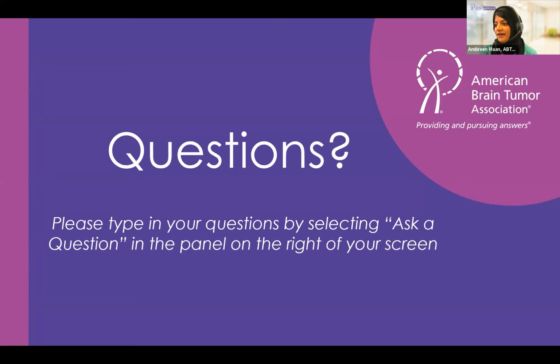We have a question here asking, how can patients who might not have access to larger treatment institutions get access to this type of pathology testing and molecular testing that you discussed today? Are there any resources or places that you can advise patients that don't have access to those type of treatment centers? So I'll answer that in two ways.